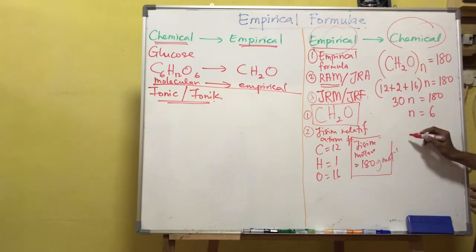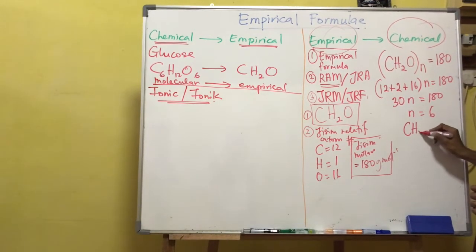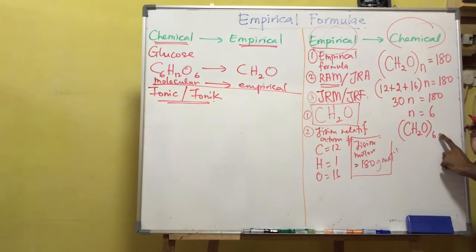Therefore when n is 6, CH2O times 6. So now the multiplier is 6.